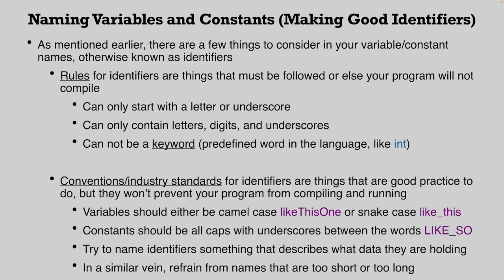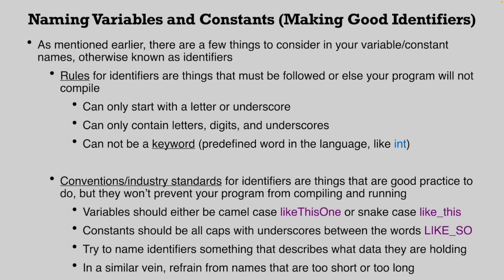So anything that you use for other reasons, don't use it as a variable name, or else you'll have a bad time. But then there are also conventions and industry standards for your identifiers, and you don't really have to do these things, but they're convention, and you should. So those are like the variable names. You see how I've been naming the variables. It looks maybe a little weird.